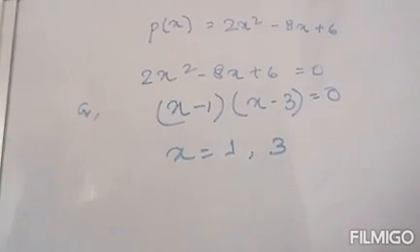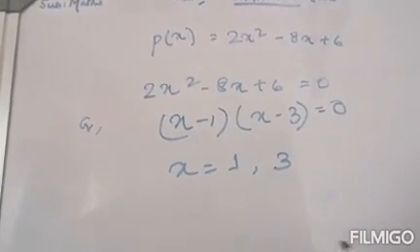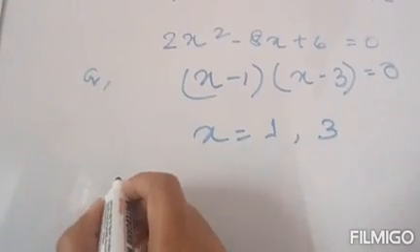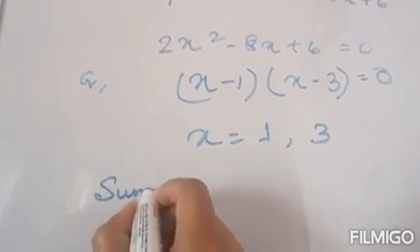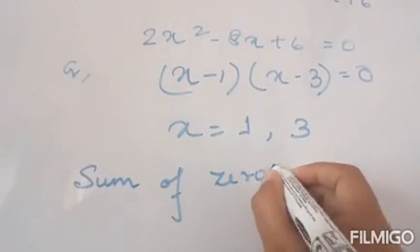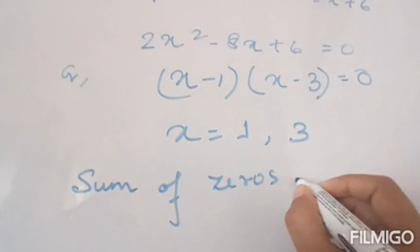Now, if we find the sum of these zeros, 1 plus 3, which is 4.